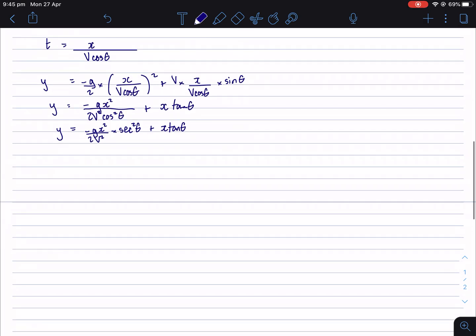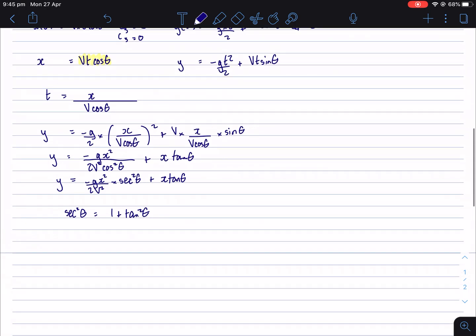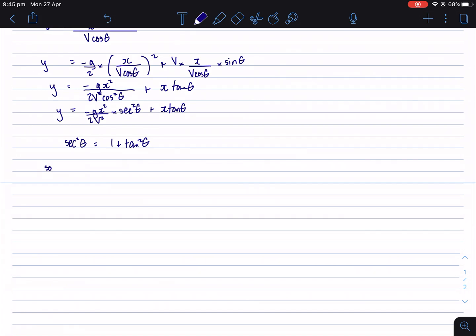We also knew that sec squared theta is 1 plus tan squared theta. So we get y equals negative gx squared over 2v squared times 1 plus tan squared theta, plus x tan theta. And that's what we're after.